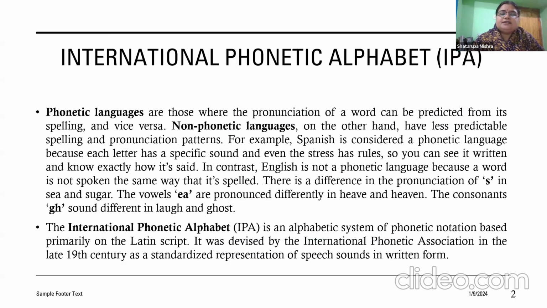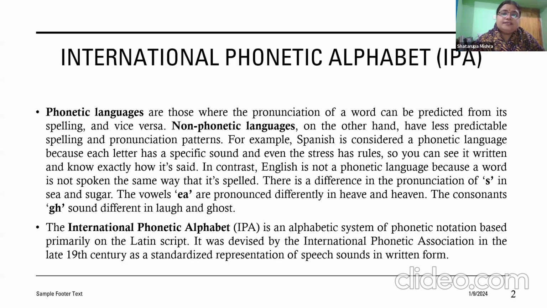Phonetic languages are those where the pronunciation of a word can be predicted from its spelling and vice versa. Looking at the spelling, you can predict how it will be pronounced. And hearing the pronunciation, you can say what the spelling of the word would be. So there are certain languages which have this feature, and those languages are called phonetic languages.